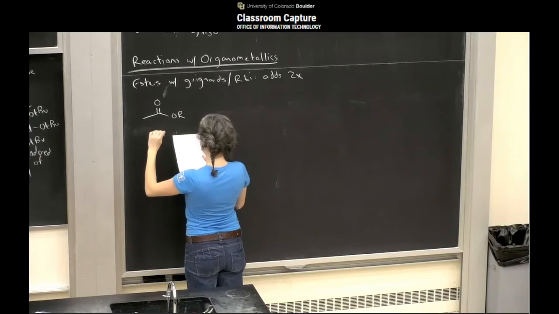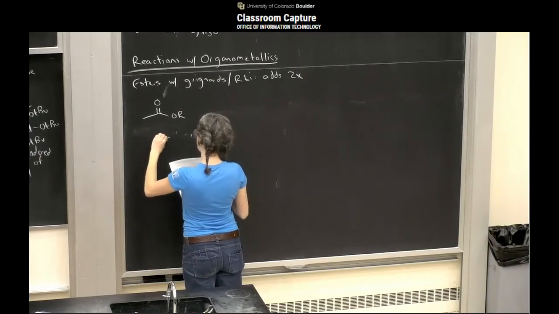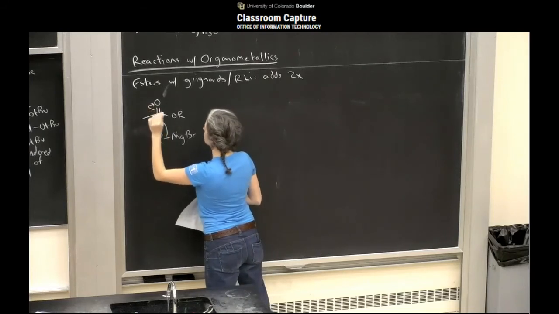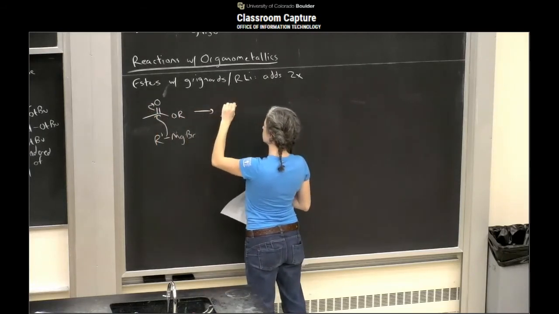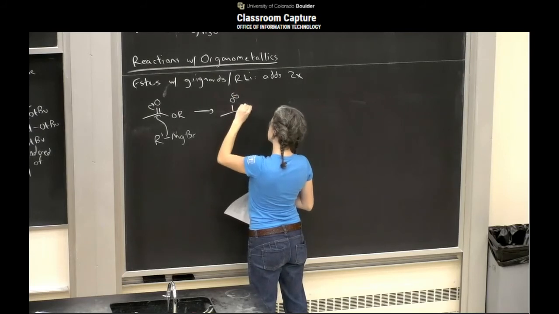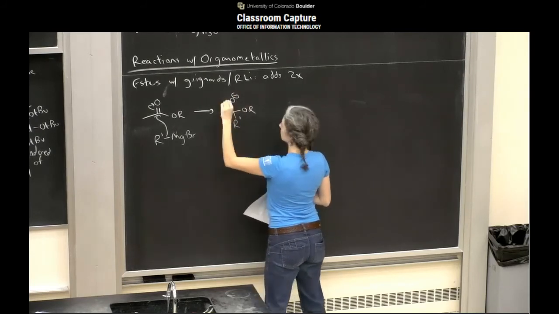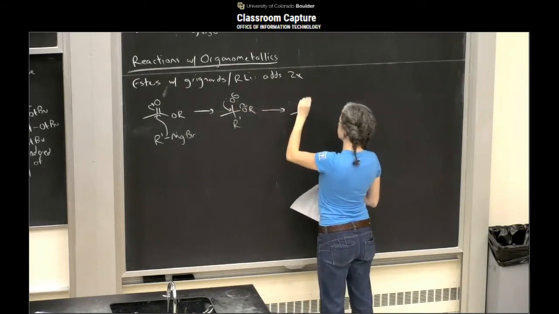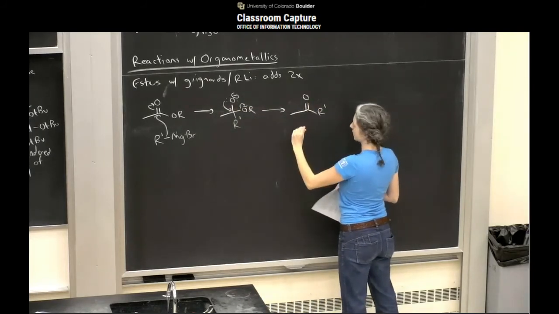Okay. So add the once. Kick out a leaving group. And now you've sort of reset the carbonyl.